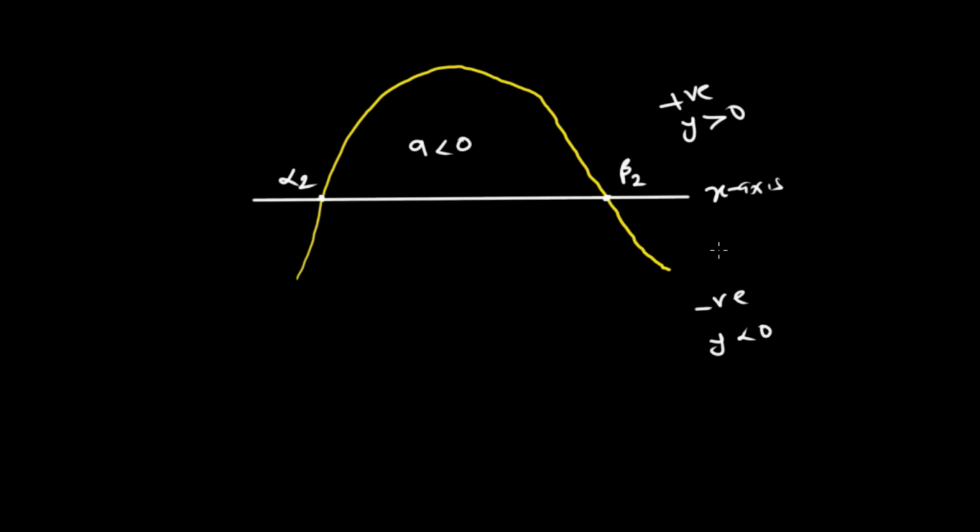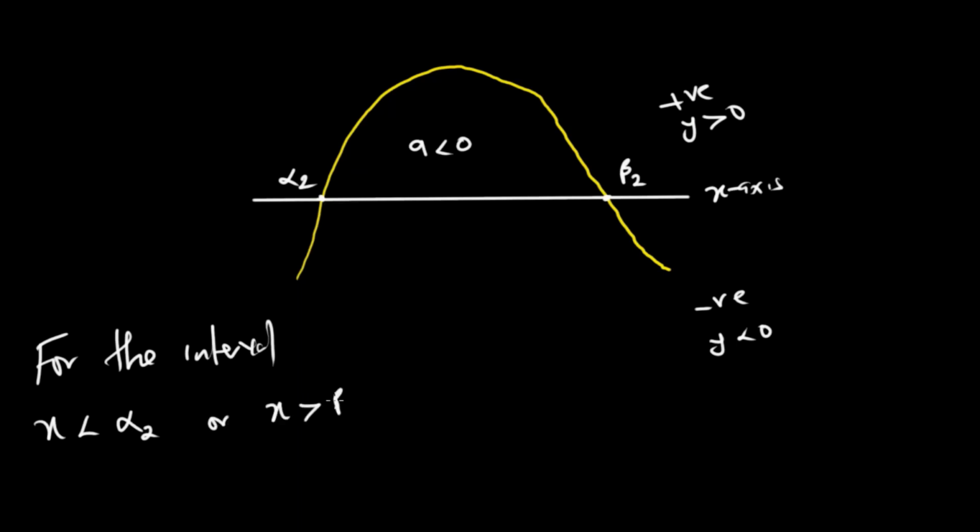So whenever we have, let me put this down again, for the interval x less than alpha 2 or x greater than beta 2.